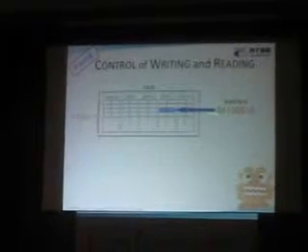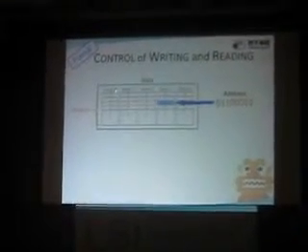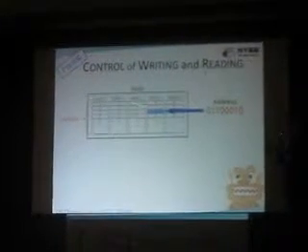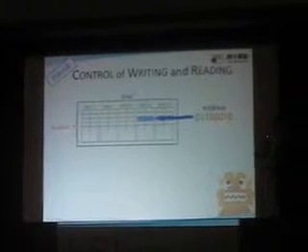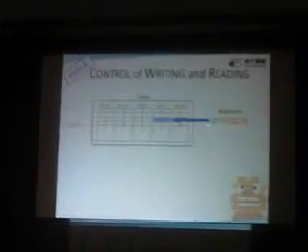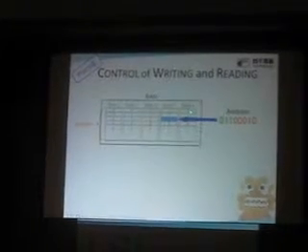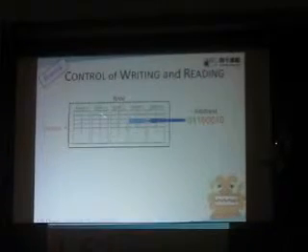Okay, I'd like to talk about the control of writing and reading. This figure shows the architecture of the RAM. Each bank has a number of positions, so I have to calculate the address of the range. The first 3 bits mean the bank number, and the 5 bits mean the position number.